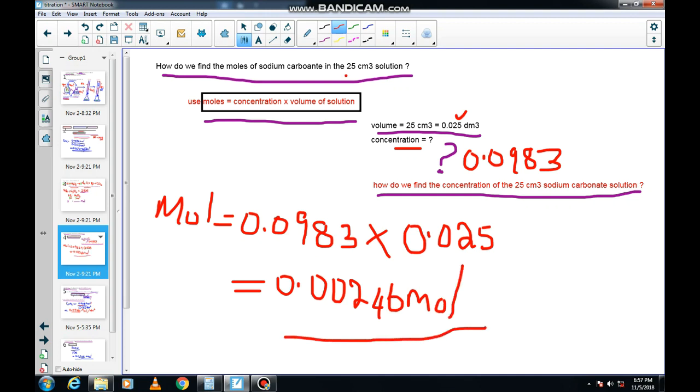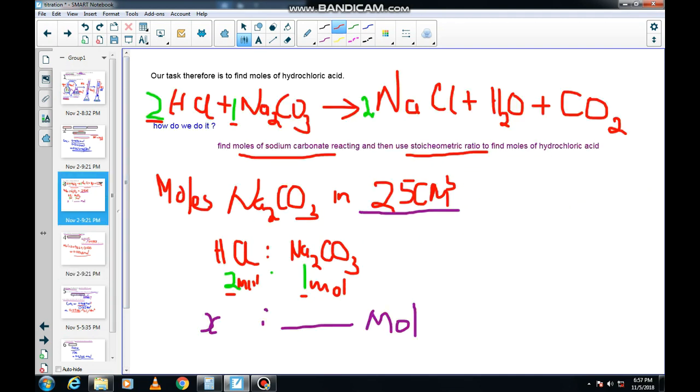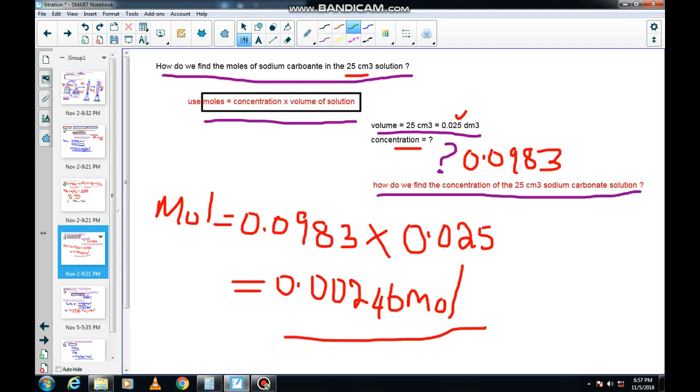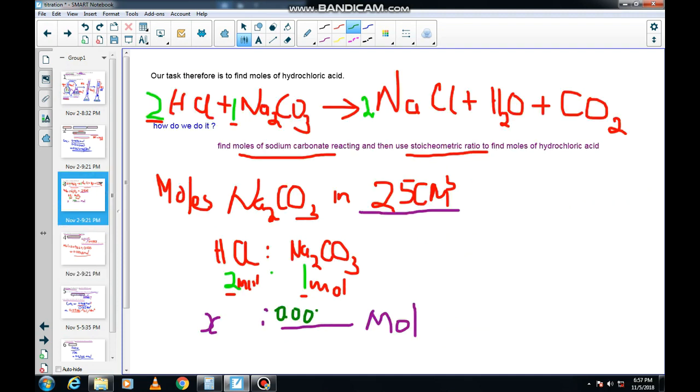Therefore, these are the moles that reacted with the hydrochloric acid. So the number of moles of sodium carbonate that reacted is 0.00246. By cross multiplication, if you've got a problem with the arithmetic here, please see your math teacher so they teach you how to do cross multiplication.